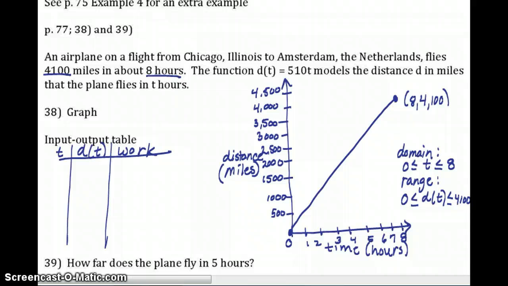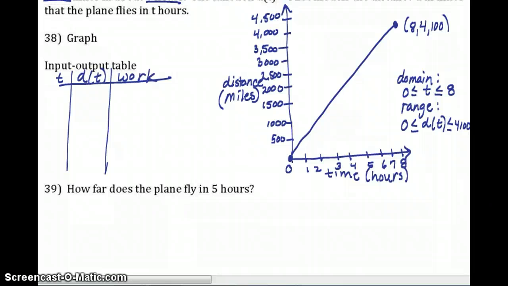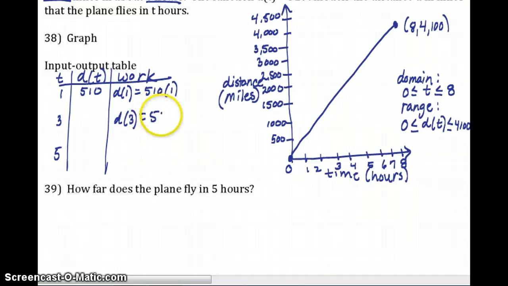Now, we know we always want to look ahead and see what's being asked of us. It says, how far does the plane fly in 5 hours? So why don't we go ahead and choose 1 hour, 3 hours, and 5 hours. We simply plug that into our equation. d of 1 equals 510 times 1, which is 510. d of 3 equals 510 times 3.